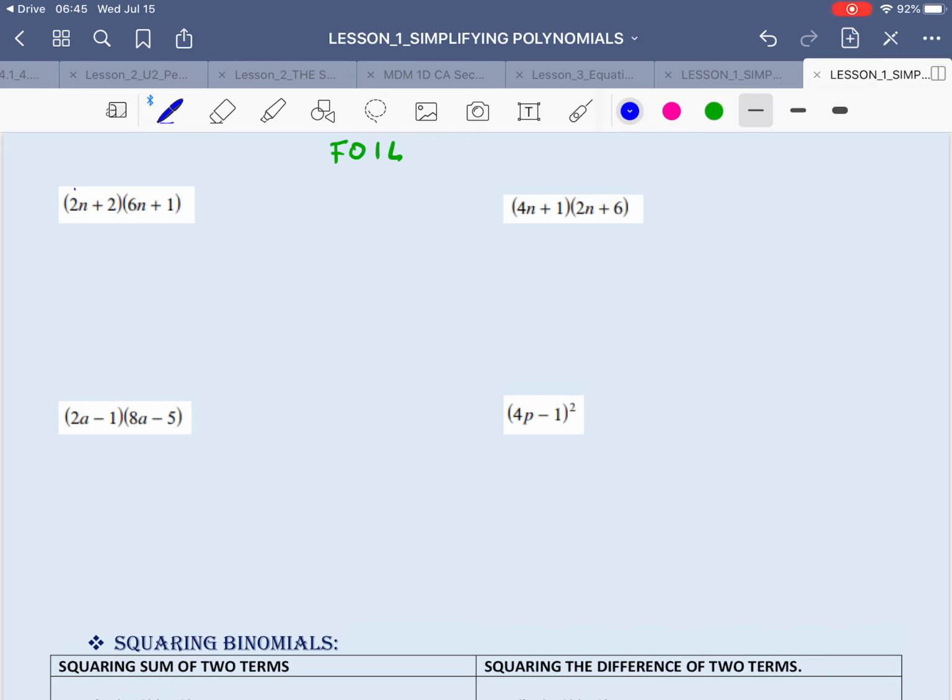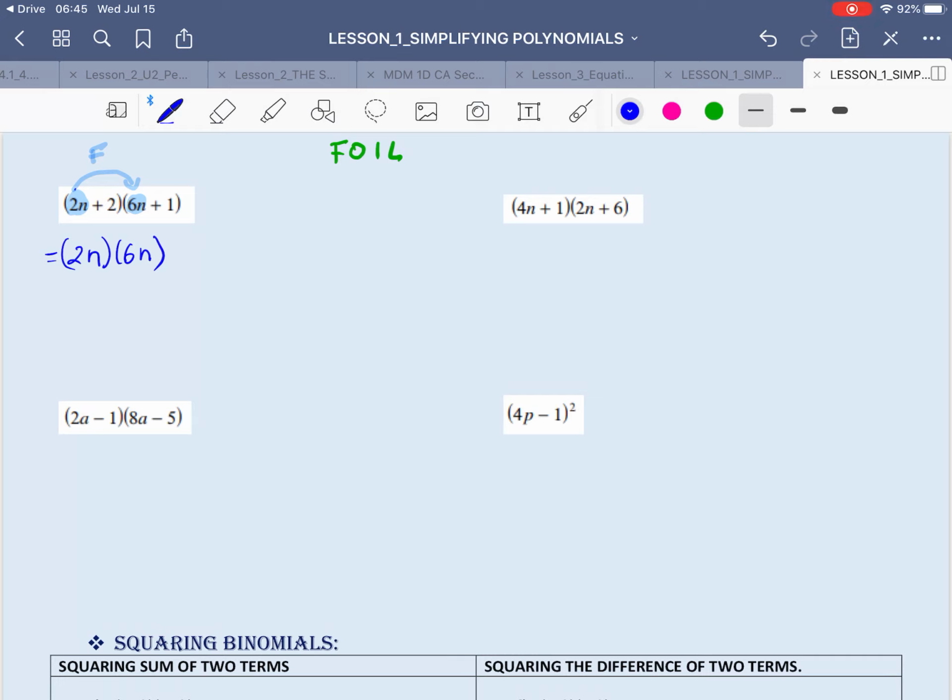FOIL means that you're first multiplying the first terms in each binomial. So the first term in the first binomial is 2n, and the first term in the second binomial is 6n. So you're multiplying the first terms first. So that means we're multiplying 2n by 6n.